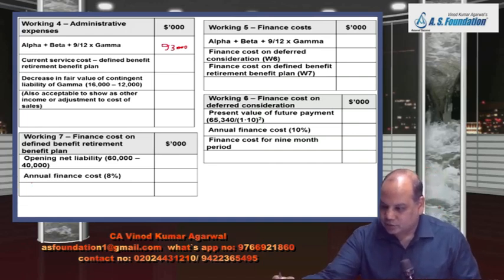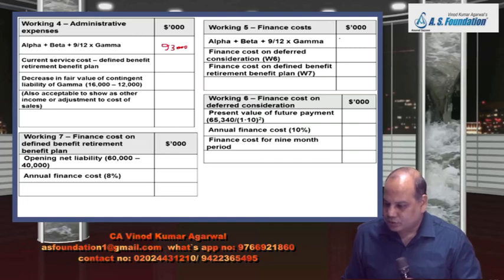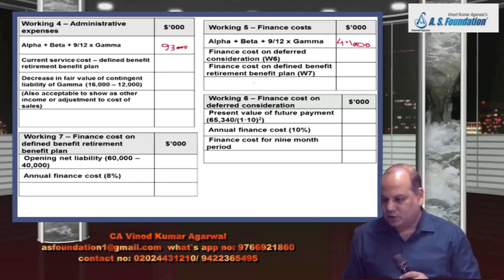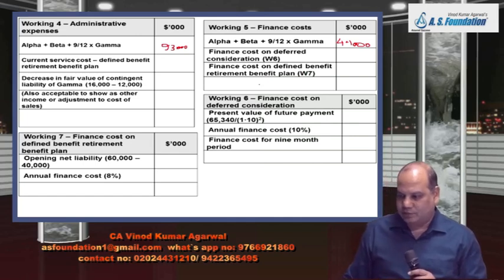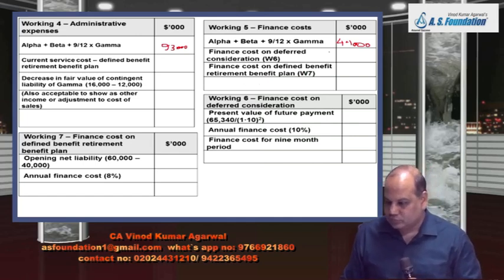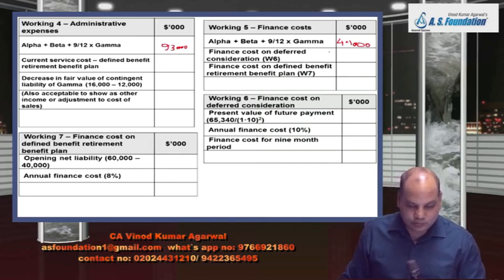Is it 44,000? Right here, we'll come to this because there are two adjustments. One relating to deferred consideration, one relating to retirement benefit. So have you written finance cost 44,000? Next is investment income.